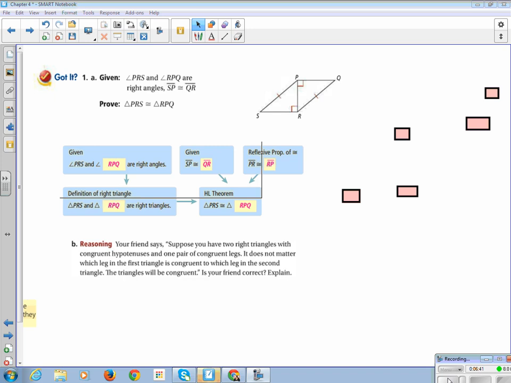Is your friend correct? So the answer is yes. The two triangles satisfy the three conditions of hypotenuse leg, so they're congruent. It doesn't matter which pair of legs are congruent. As long as you have a congruent set of legs, you can use hypotenuse leg.